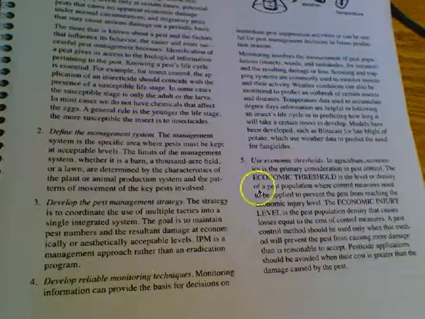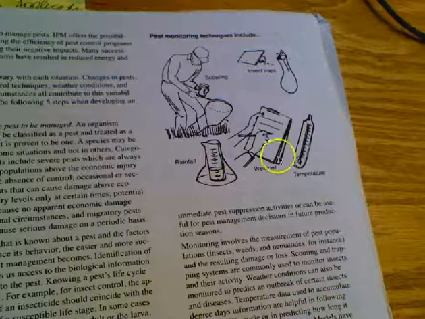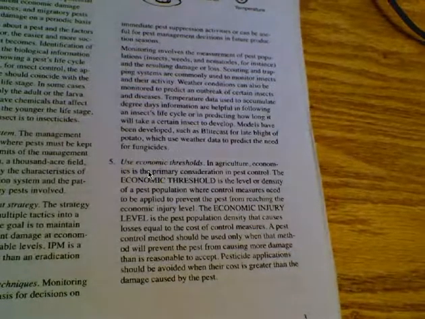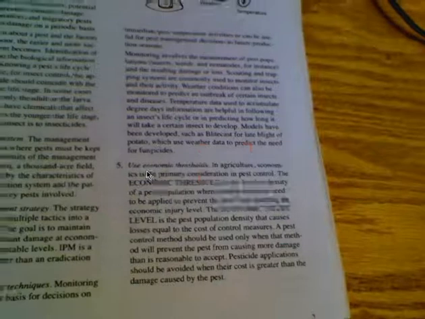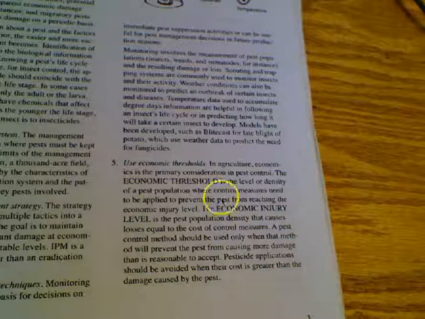Develop reliable monitoring techniques. And if we look in the text, these monitoring techniques consist of scouting, insect traps, rainfall, weather, temperature. So all these things that I can do to look at how I can change the level of the pest. And then I'm going to use economic thresholds, which an economic threshold here is the level or density of a pest population where control measures need to be applied to keep the pest from reaching economic injury level.